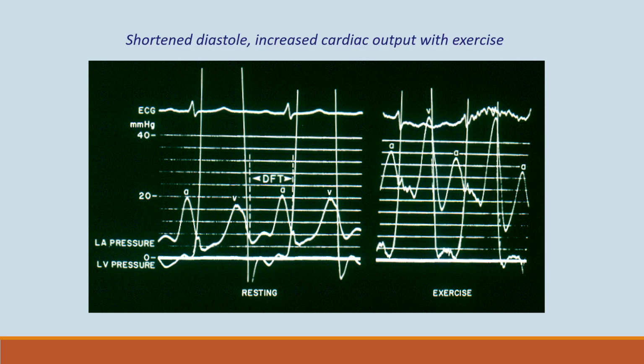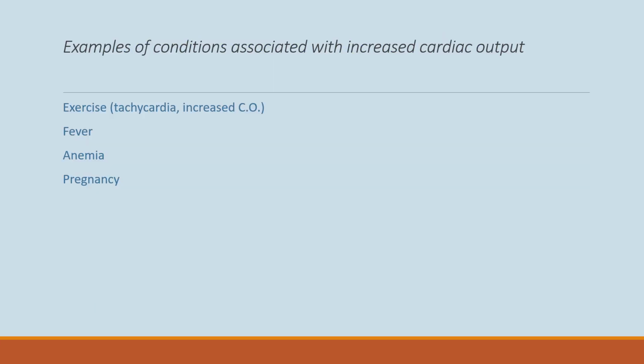However, with tachycardia, you see that diastole becomes shorter, and as diastole becomes shorter, the left atrial pressure goes up. So a patient with mitral stenosis, when they exercise, the left atrial pressure goes up and they become short of breath.